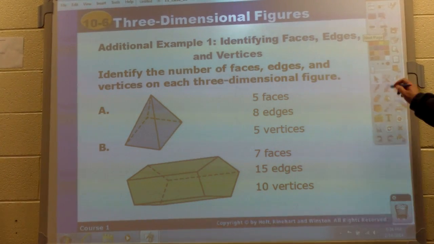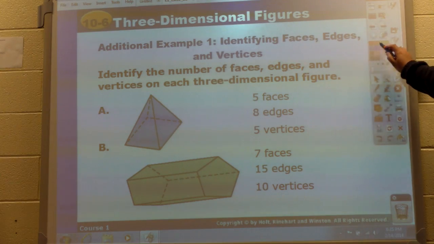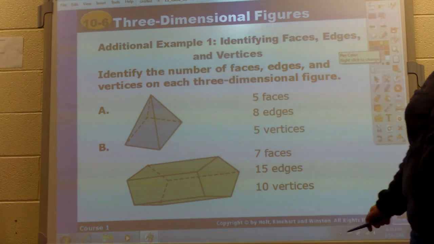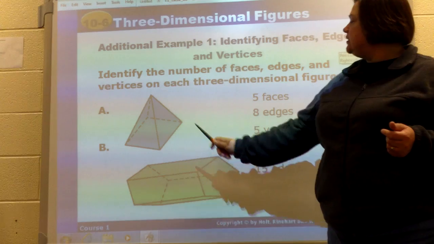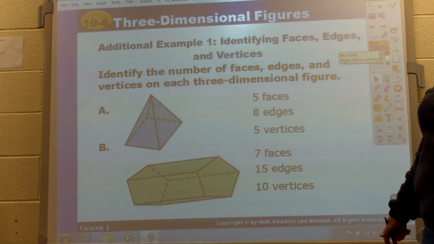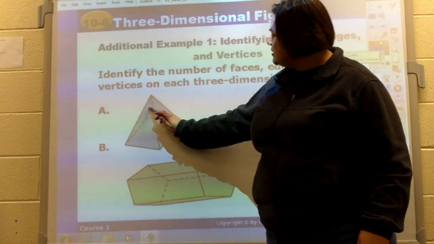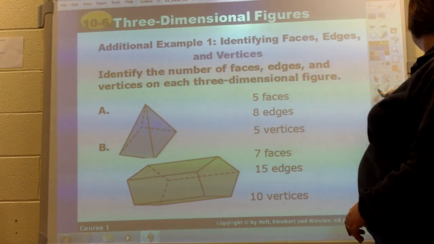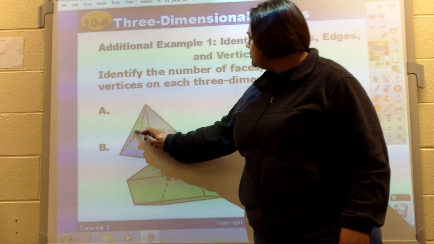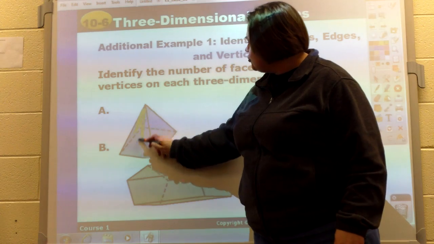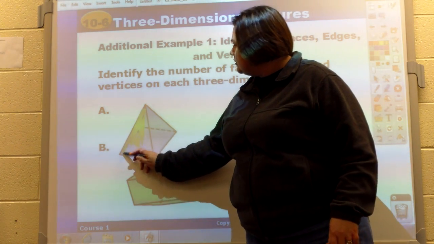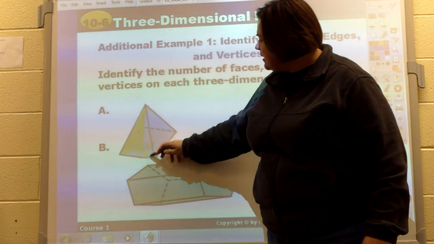An example of this, if we look at this polyhedron right here, when we talk about faces, we're talking about the actual flat surface, like this triangle that we see, which would be considered a face.